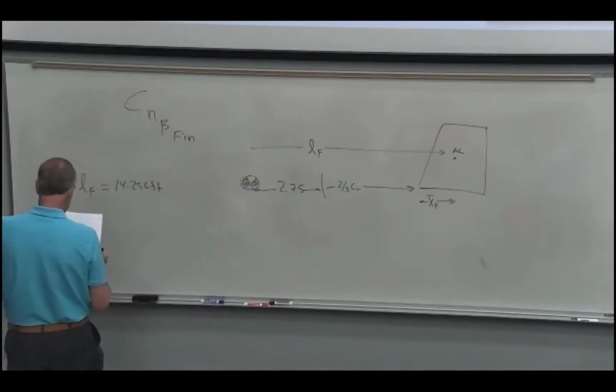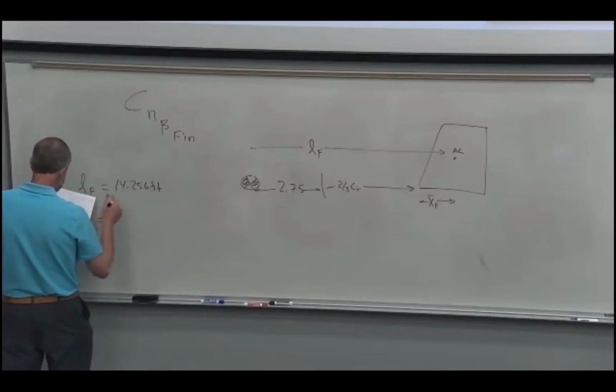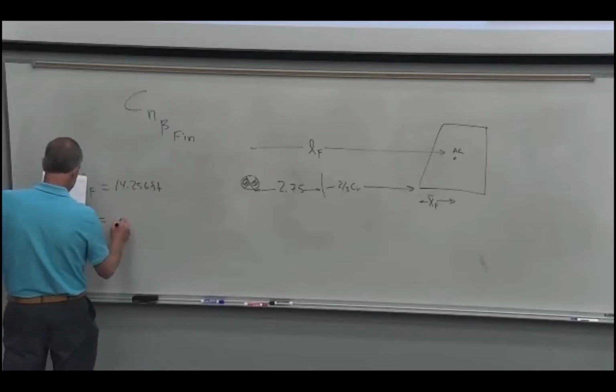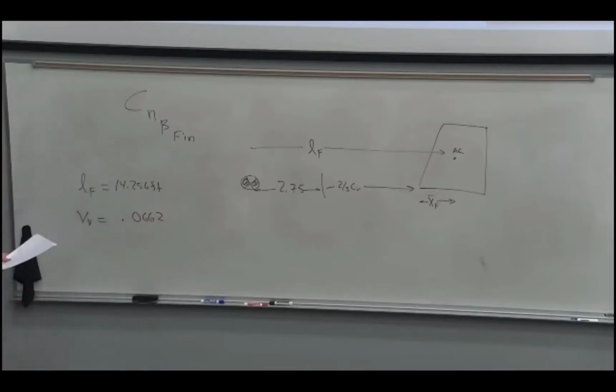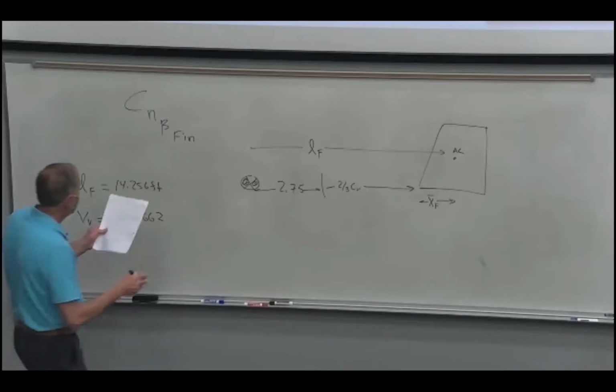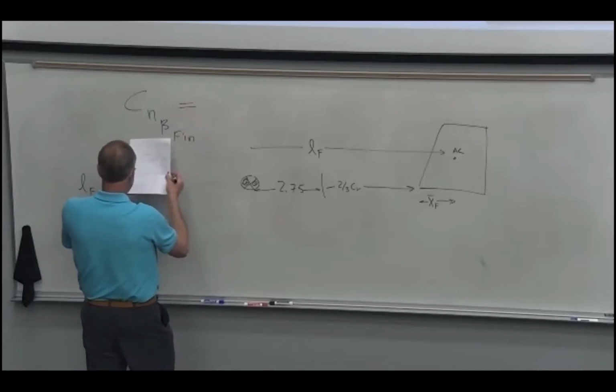So you add all that together and get into the formula for V sub V. It's the ratio of the areas and the lengths. You should get that. Check. Then you go into the formula for CN beta fin, and you stick all that in.